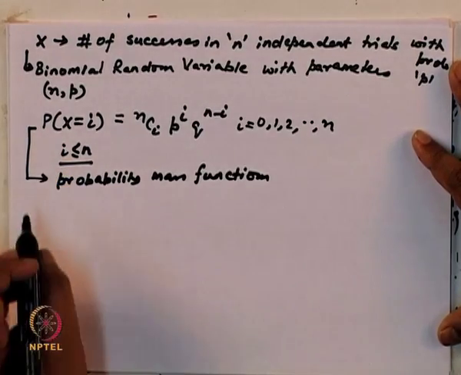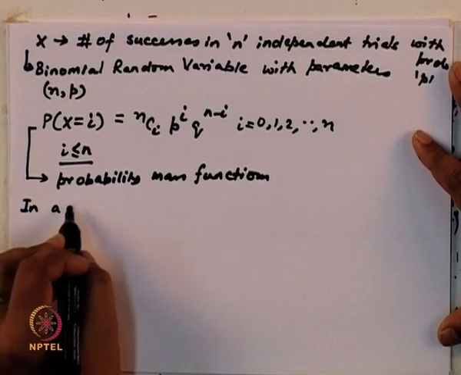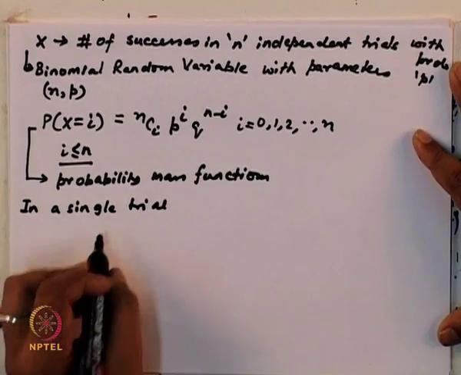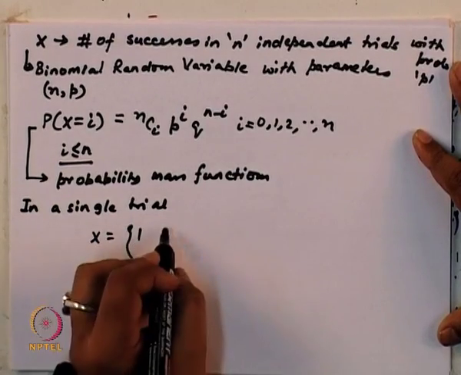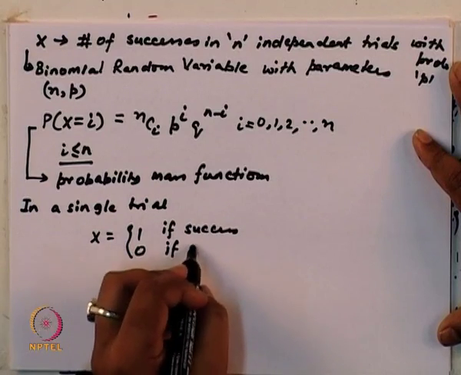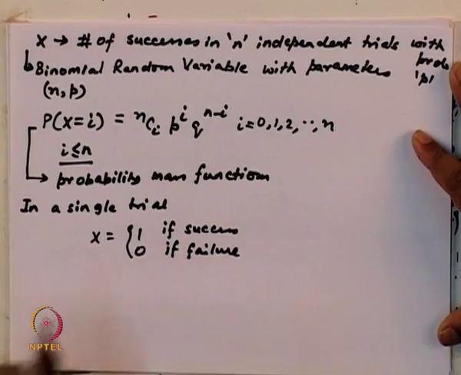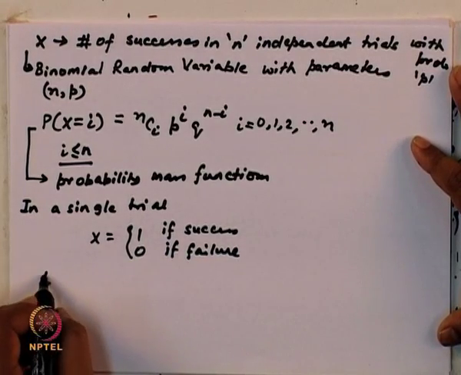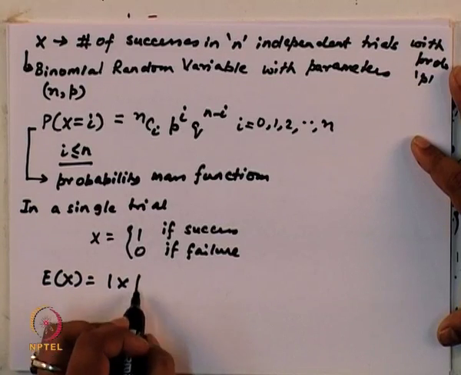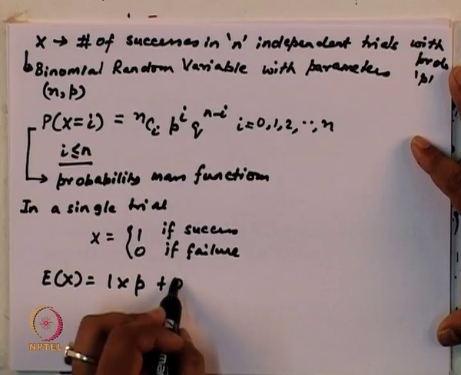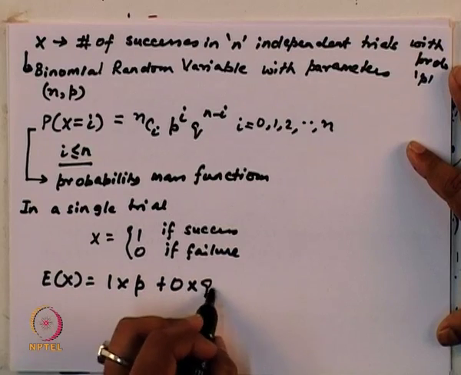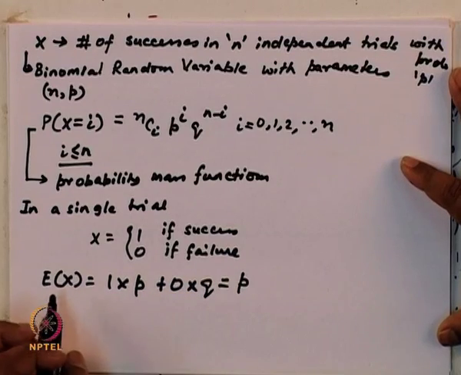Now, in a single trial, let us say X equal to 1 if success and 0 if failure. What is the expected value of X? Expected value of X is 1 into probability of success, which is p, plus 0 into probability of failure, which is q, simply equal to p.